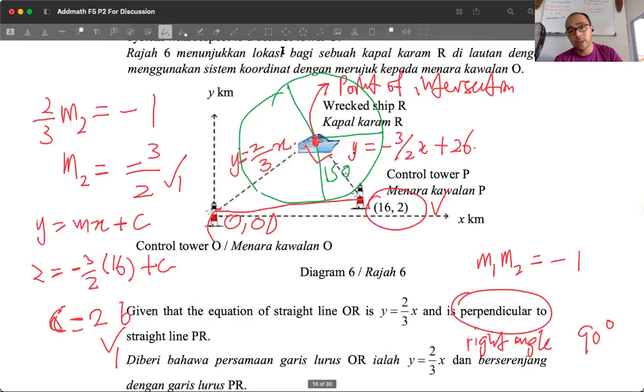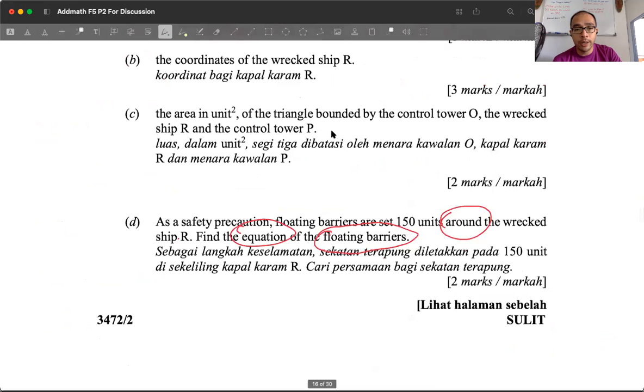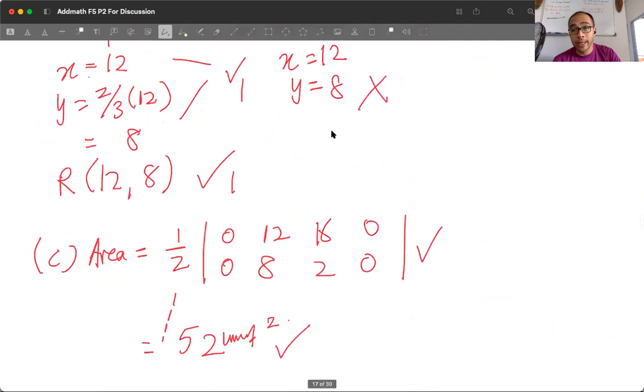As always, for a locus, we have to fix a point which is x and y, always the point that we do not know. But we know that the distance is 150 from this point over here. And point R is very important. Point R is 12 and 8.